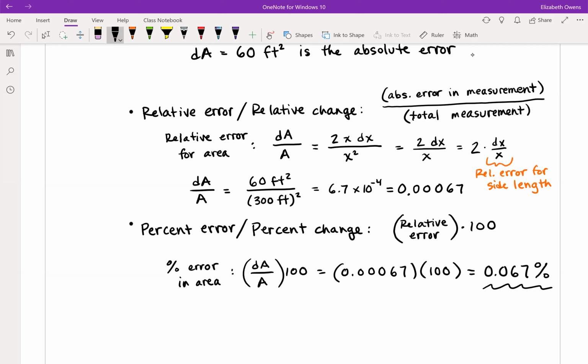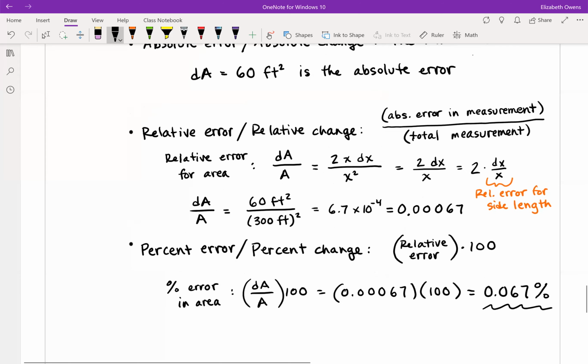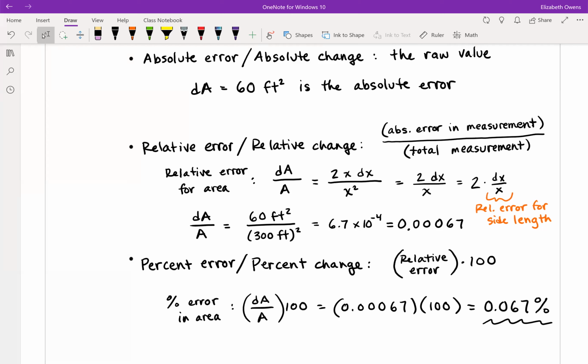And personally, I think that's a really nice way to look at this particular problem in terms of error. That 60 square feet, our potential maximum error for this surveying of this lot's area. Initially, that sounded like a lot to me because that's a significant portion of my house.